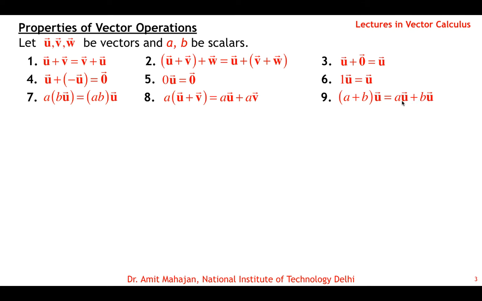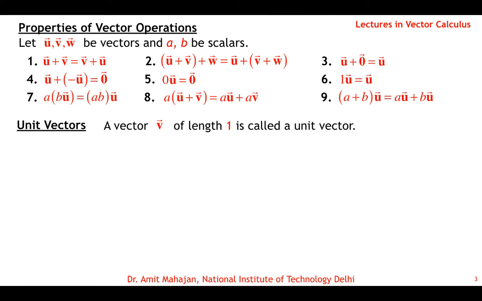So if you add two scalars and then scale any vector u with the sum, it is the same as scaling u with one scalar and with the other scalar and then adding these two vectors. So these are some of the properties of vectors.